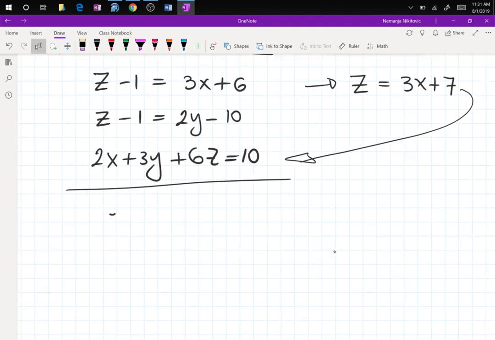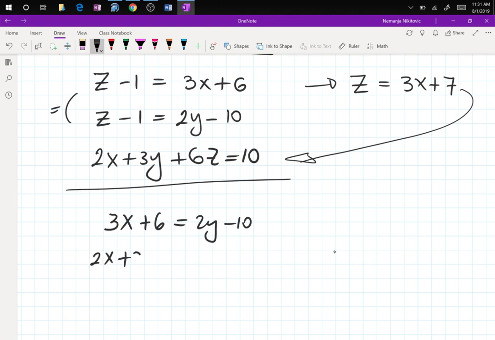So I have now 3x plus 6 is equal to 2y minus 10. That's when I set the two equations equal. And then the bottom equation is 2x plus 3y plus 6 times 3x plus 7 equals 10.